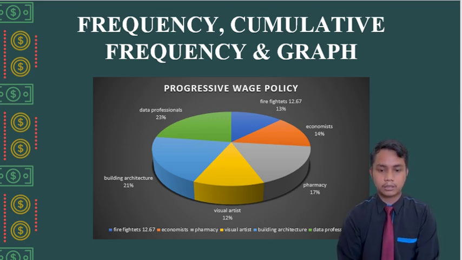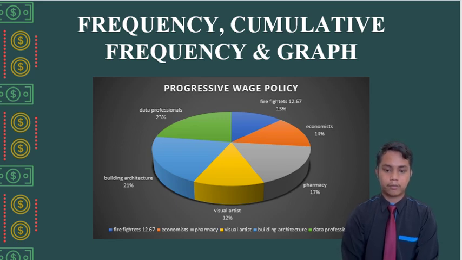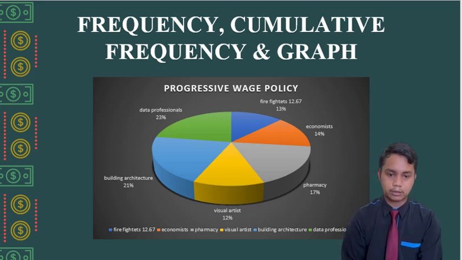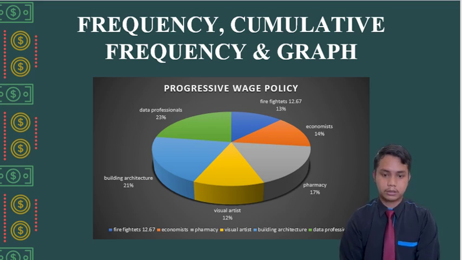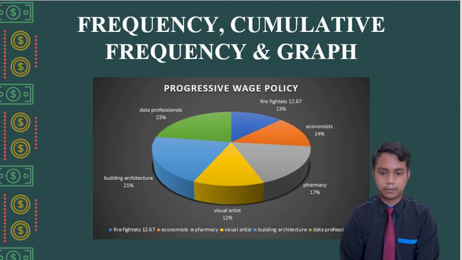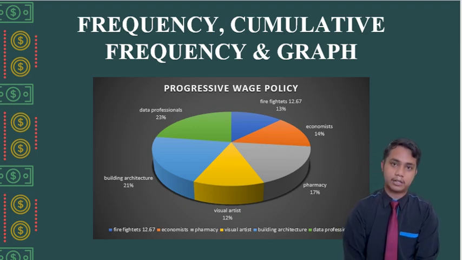The reason why the salary is not as high as data professional and building architecture is because the salary is for fresh graduates. Apart from that, economists earn only 2,240 per month, which represents only 40% of the total wage figures. This is the starting salary for fresh graduates studying economics. To sum up, different job sectors in the market offer different monthly salaries.